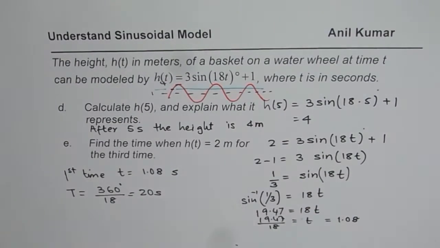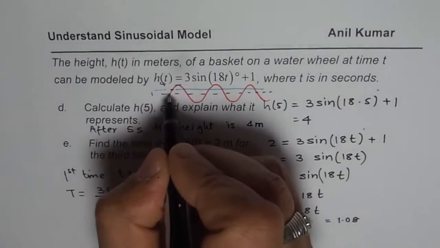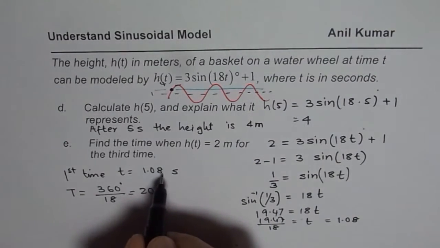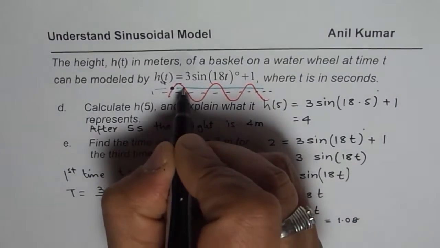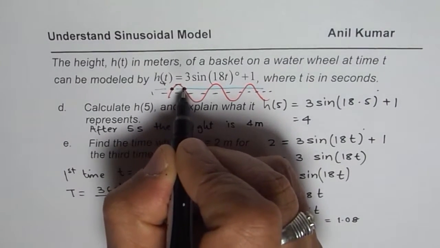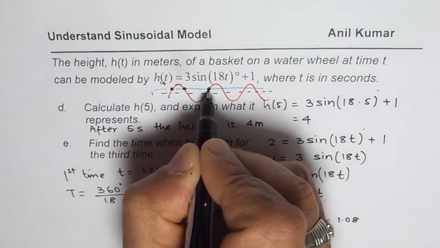Now as you can see from here, it will reach the height of 2 meters the first time after 1.08 seconds. Then the second time it reaches while coming down. Do you see that? While coming down. And the third time it reaches after one full cycle, correct?